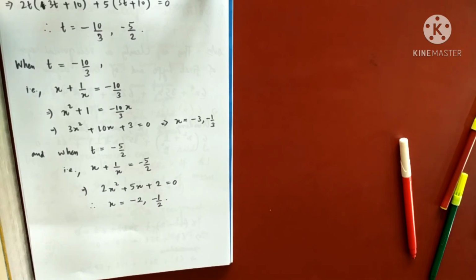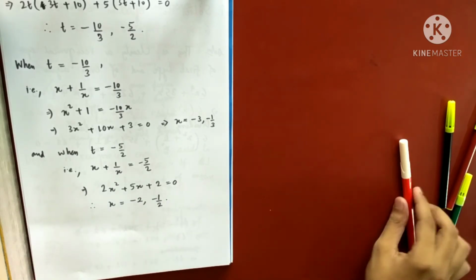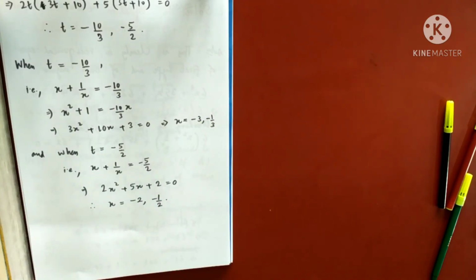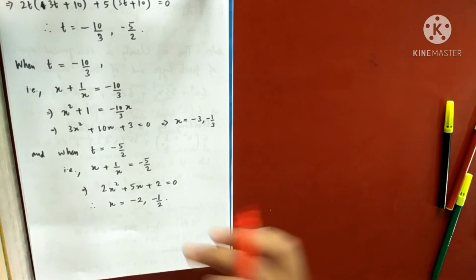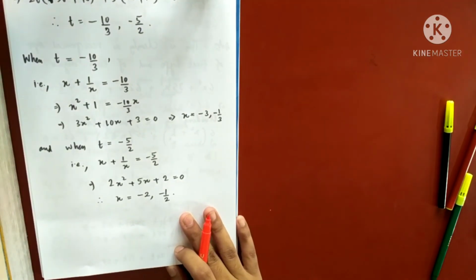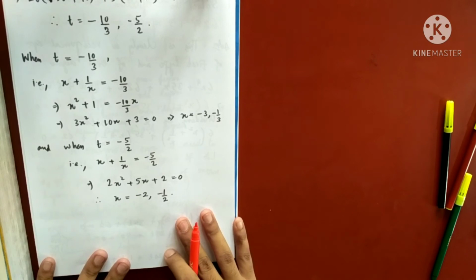So what are the solutions to the original equation then? These are the 4 solutions to the original equation, and I was expecting 4 solutions due to the fact that it was an equation of degree 4.